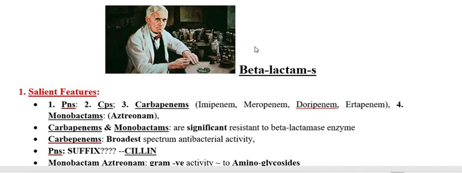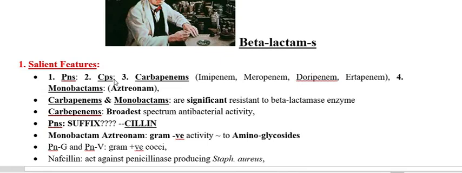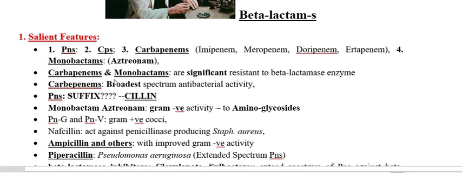The antibiotic groups that possess a lactam ring are called beta lactams. As the name itself is telling, this is a group of antibiotics. Here we have to go through the salient features of the beta lactams. First we have to classify the beta lactams.